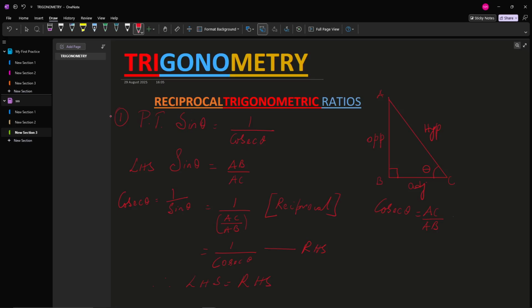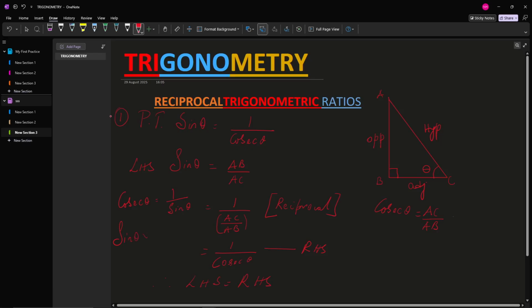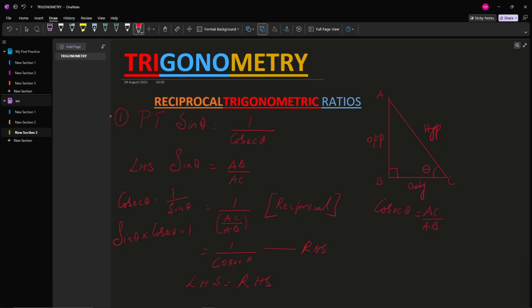Or if you just cross multiply, because I've got an equal sign, it can be cross multiplied. So when I cross multiply it, it is going to be sin theta into cosec theta, and the value of that is going to be equal to 1. So one reciprocal ratio, sin theta is equal to 1 by cosec theta, or 1 by cosec theta is equal to sin theta, or cosec theta is 1 by sin theta, or sin theta into cosec theta is equal to 1. These are the important ones which are going to be manipulated according to the problems. So the basic formula is sin theta is equal to 1 by cosec theta.